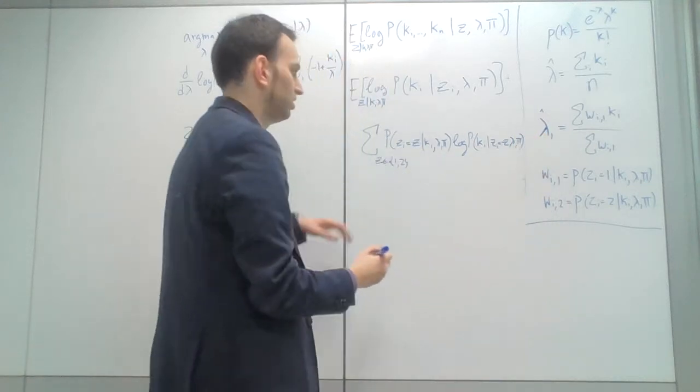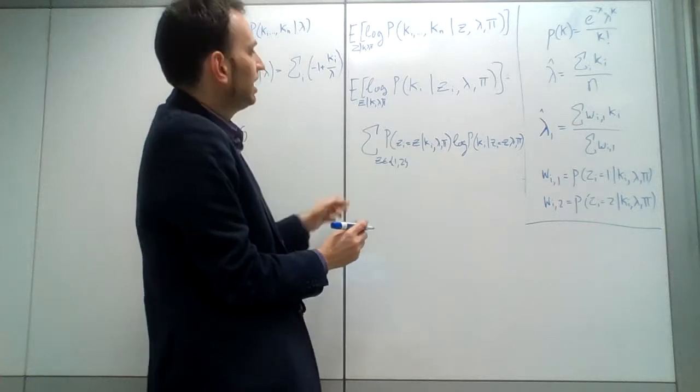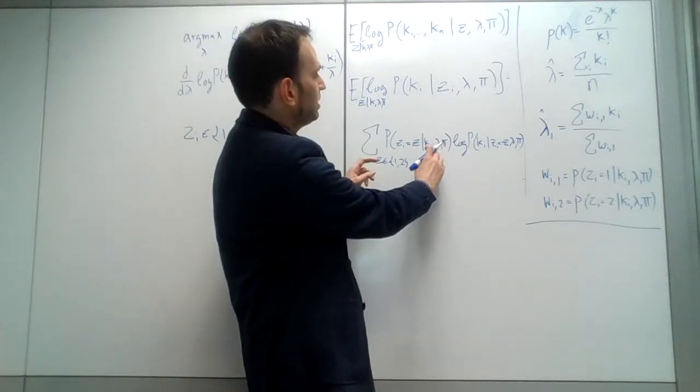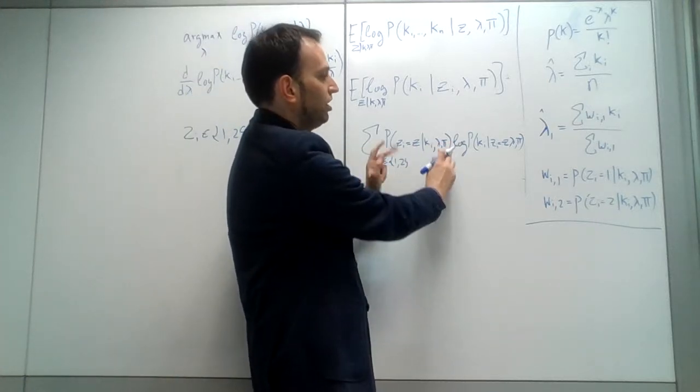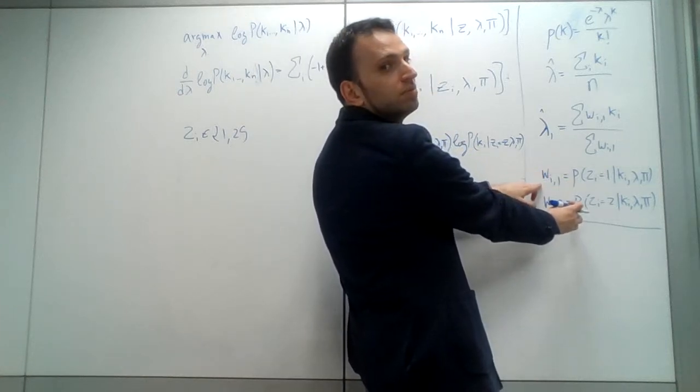Okay, so here I'm just using the definition of the expectation. The nice thing is that if I know the lambda and pi, this is easy to compute. In fact, we did it before. This is the wi1, wi2.